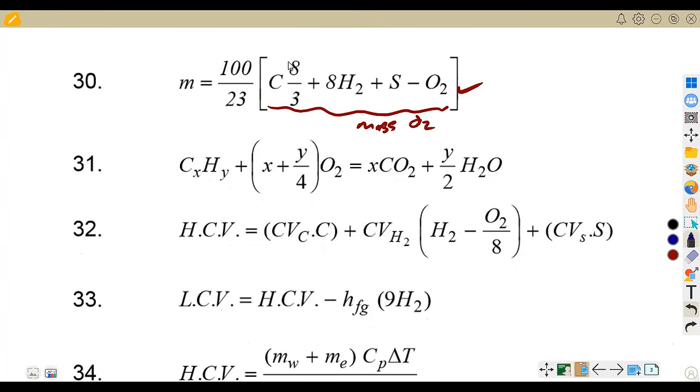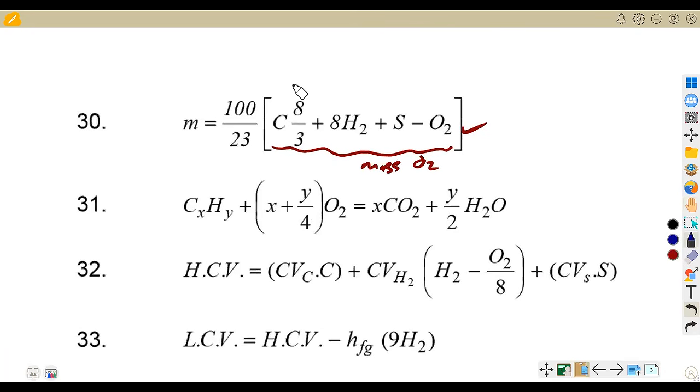Here we've got 8 over 3, which as a decimal is 2.667. This is 2.667 kilograms of oxygen that we need per 1 kg of carbon. This is 8 kilograms of oxygen that we need per 1 kilogram of hydrogen.